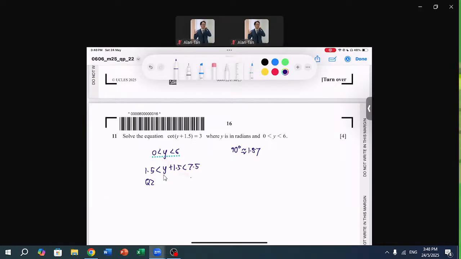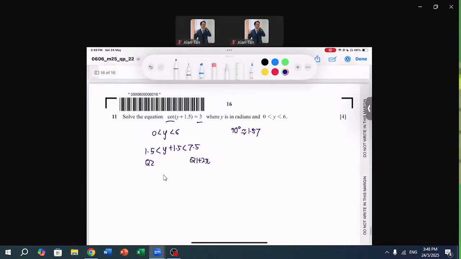to about 7.5, which is about quadrant 1 plus 2 pi. And we're dealing with cotangent, which means a positive angle. So we're looking at tangent, which is quadrants 1 and 3, and probably an additional revolution through the curve.